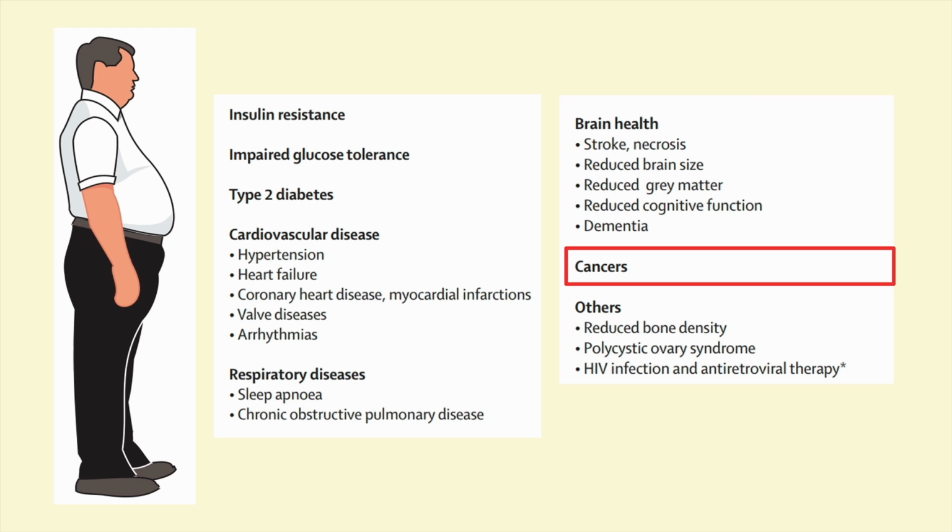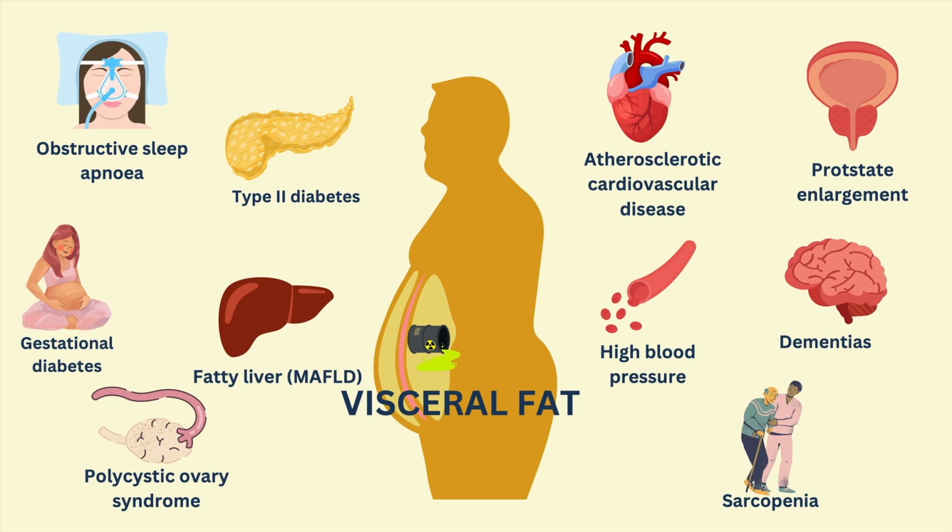And for the ladies in the audience, PCOS or polycystic ovary syndrome is insulin resistance and is associated with visceral fat. And that's another example of what we're dealing with here. This is all a process that is occurring with excess visceral fat.